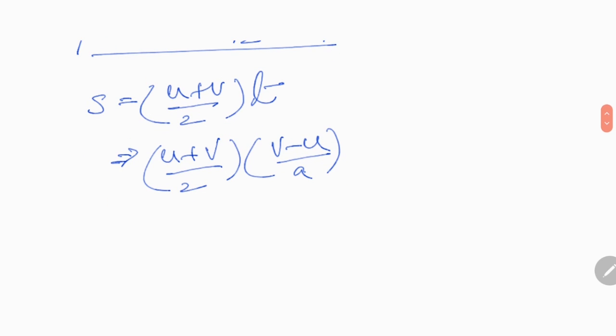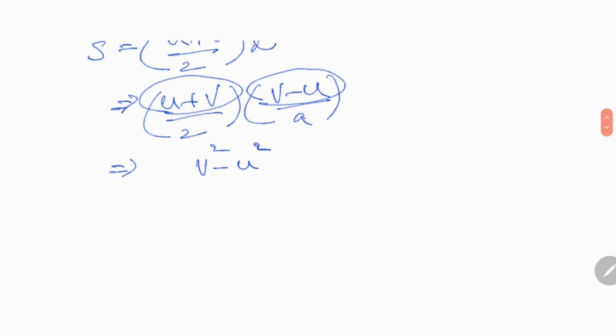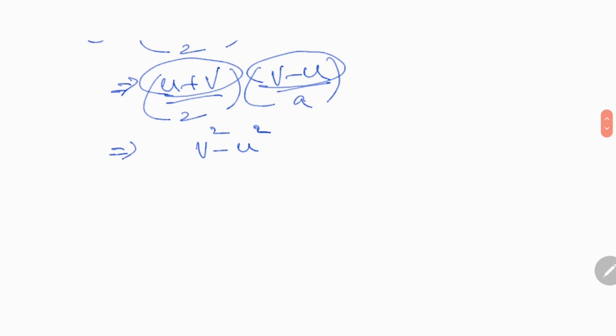No problems here. Therefore, what will happen? You can see if you multiply this into this, this is in what format? This is in the format v square minus u square, correct? And obviously down you have 2a.